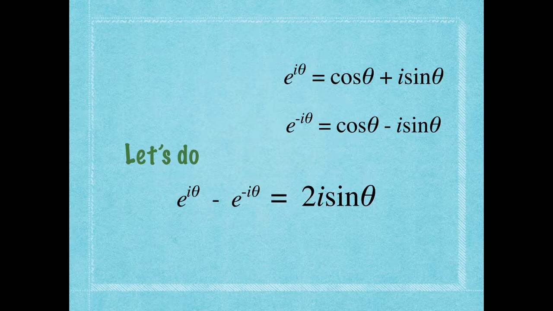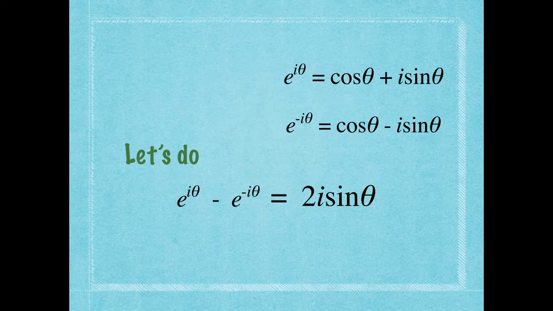So for now, let's say that e to the power i theta is cos theta plus i sin theta. Let's do some algebraic calculations and subtract e to the power minus i theta from e to the power i theta. So we get 2i sin theta, right? You can do some calculations and you will get 2i sin theta. So we have got this sin theta term, but we have got an extra term which is 2i.